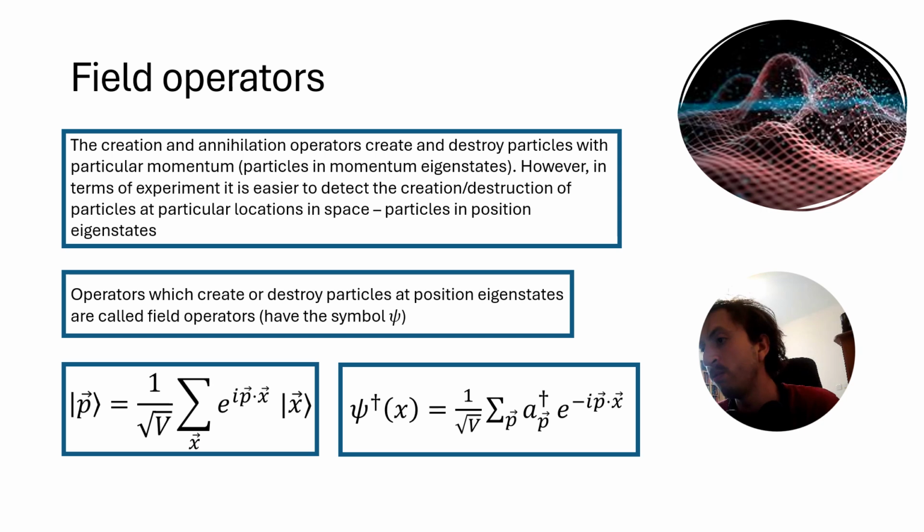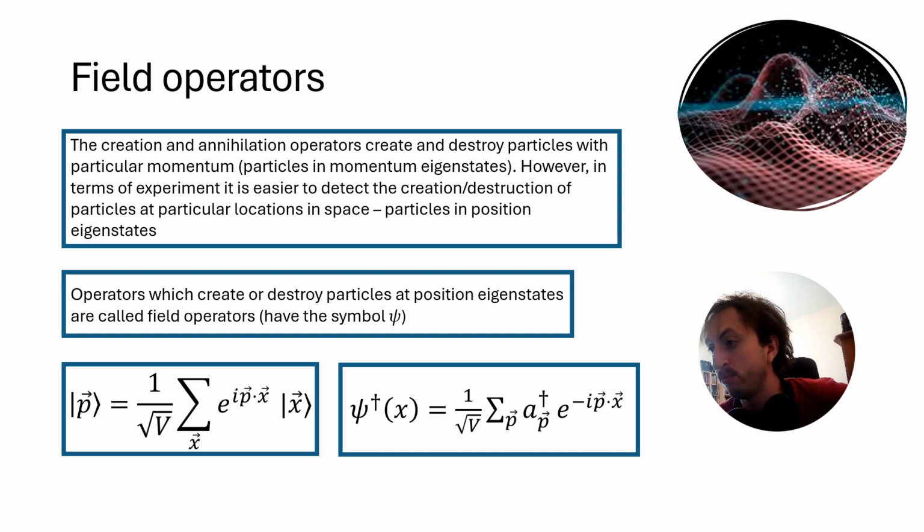So, if we want a field operator, what we essentially have to do is replace our states, so our momentum and position states, with operators, rearrange and leave the summation alone, but bearing in mind that we're getting a field operator by turning the position state into an operator.